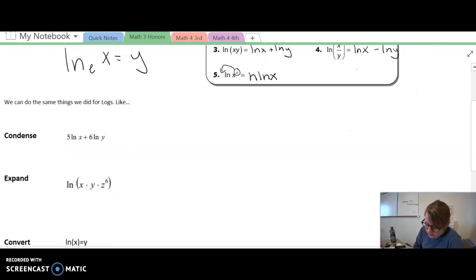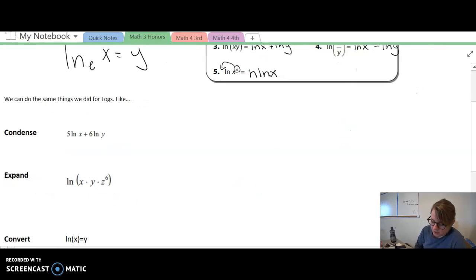So we can do the same things we did for logs, like condensing. I did some of this earlier. So let's condense this. The first thing I'm going to do is move the exponents. I'm going to move my 5 as an exponent, and I'm going to move my 6 as an exponent. So now I have the natural log of x raised to the 5th plus natural log of y raised to the 6th.